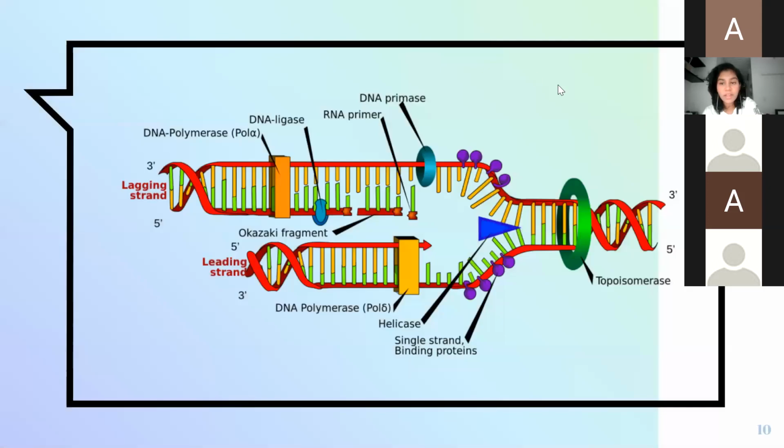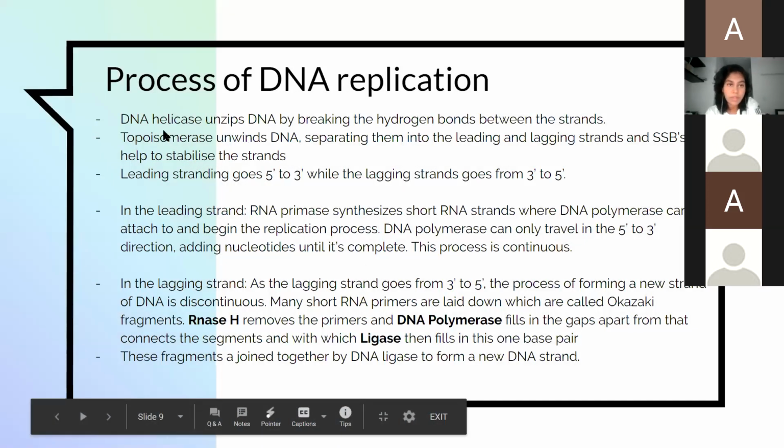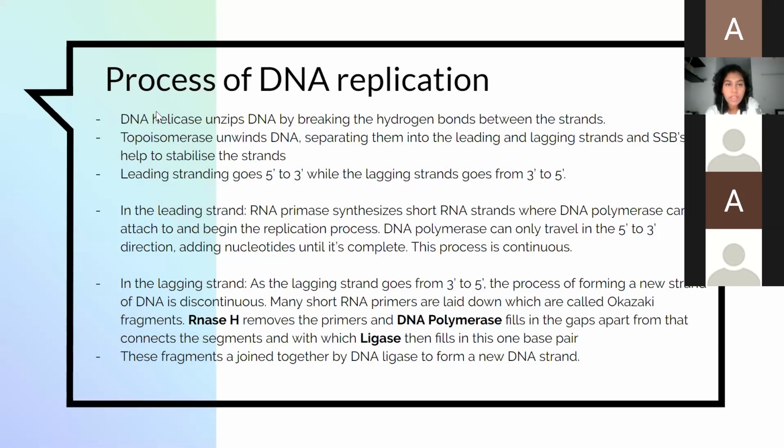This is done by topoisomerase, which keeps the DNA unwound during the whole process, because DNA is likely to go back and combine because of the complementary base pairing. So you have topoisomerase that keeps it unwound. And then our next enzyme is DNA helicase. The DNA helicase helps break the hydrogen bonds between strands.